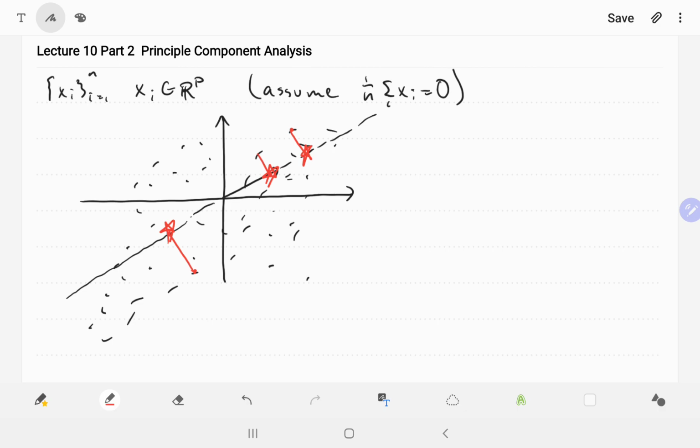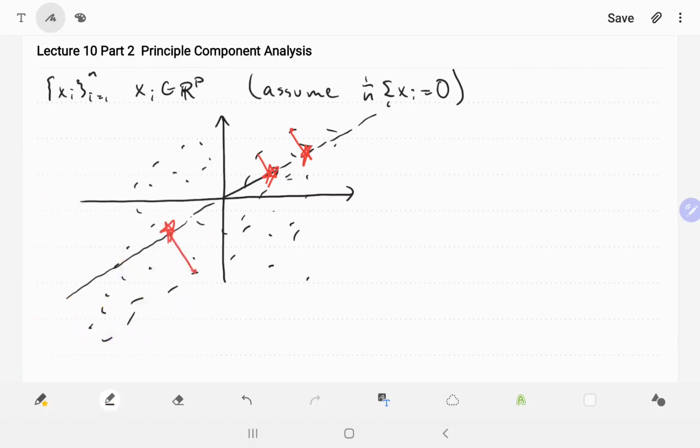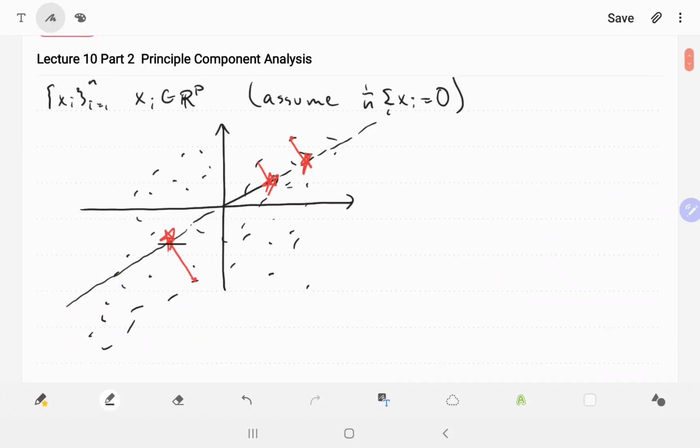So our goal is to think about how we learn these basis vectors, because the choice of the vector we used to span our subspace was by no means obvious. We have to select a way to choose it.